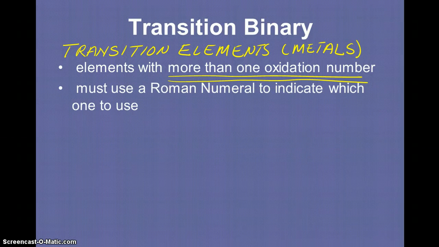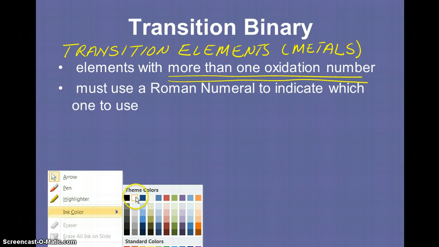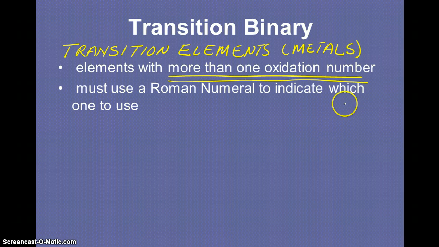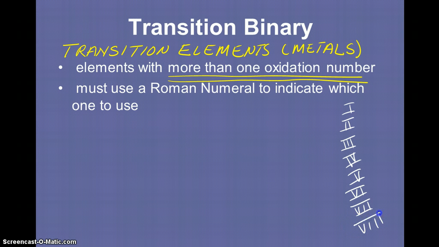When you do that, you're going to be using Roman numerals. Now, this is new to some of you. Roman numerals, let me just write a few here on the side. 1, 2, 3, 4, 5, 6, 7, and 8.